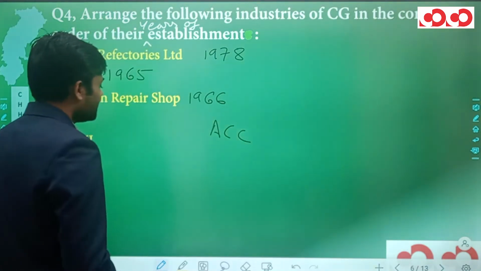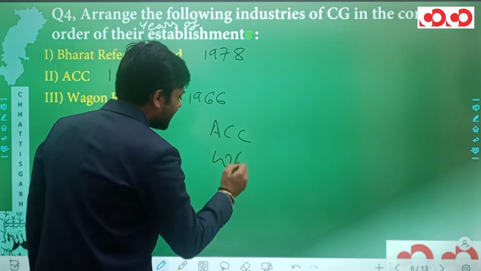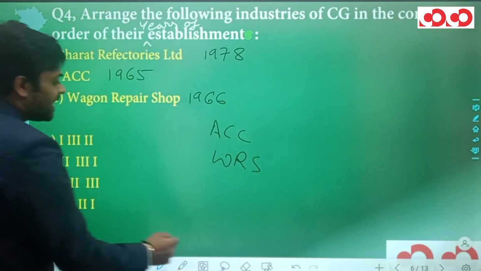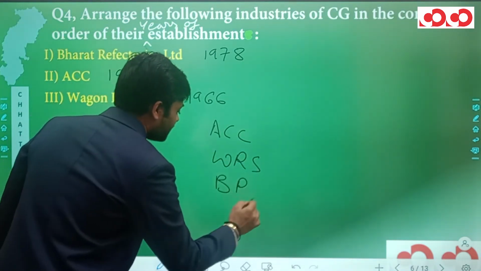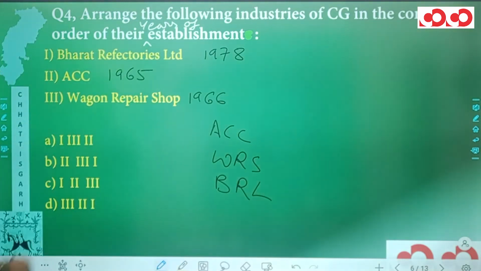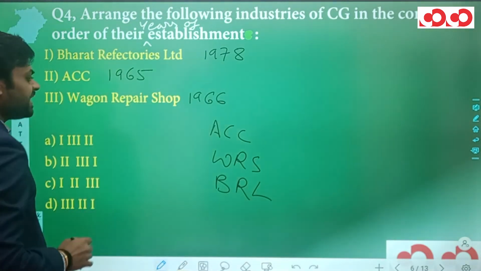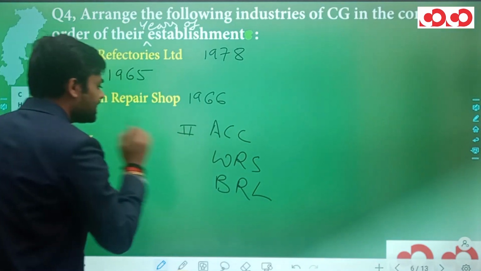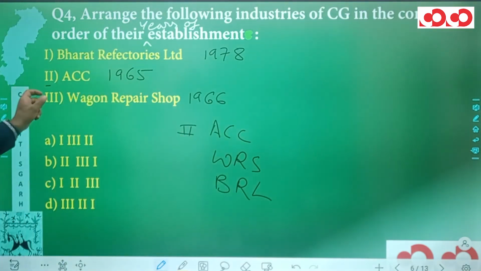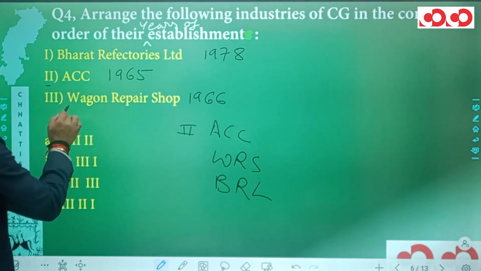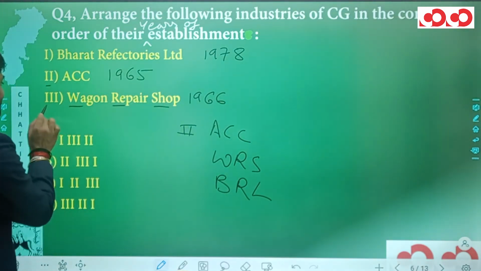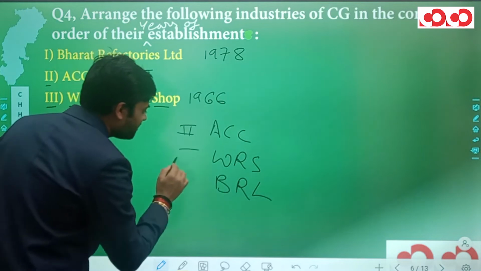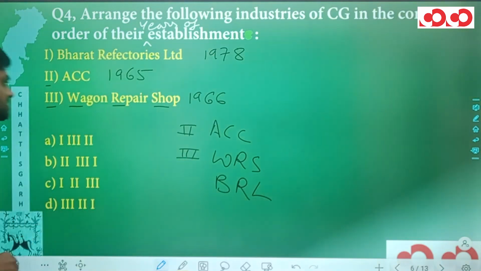So when arranging them in the correct sequence as per their years of establishment, first of all we'll have ACC, then we'll have Wagon Repair Shop, and then Bharat Refractories Limited Bhilai. Now since ACC is mentioned in 2, can I write 2 in front of ACC? Yes. Since Wagon Repair Shop is mentioned in 3, can I write 3 in front of it? Yes.